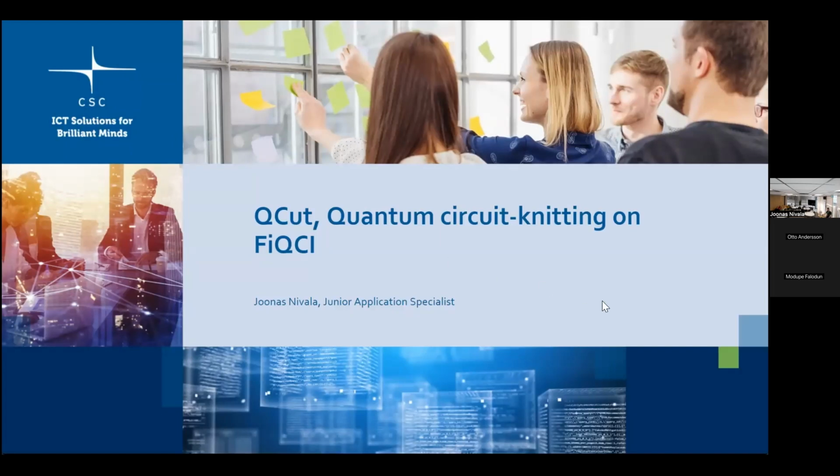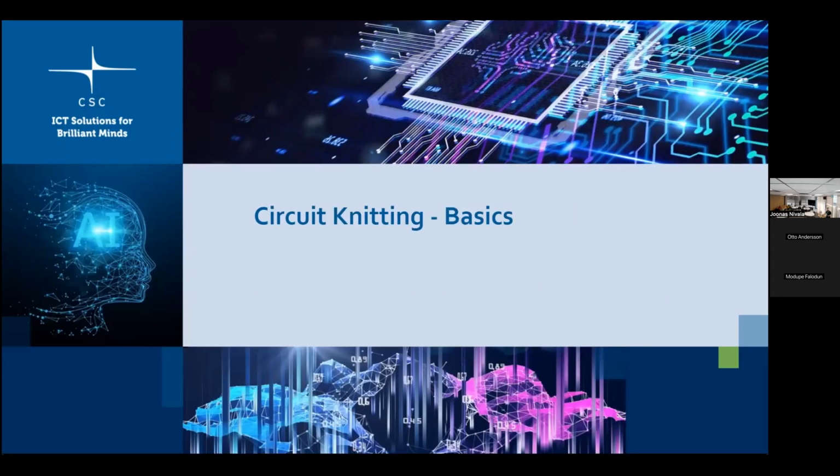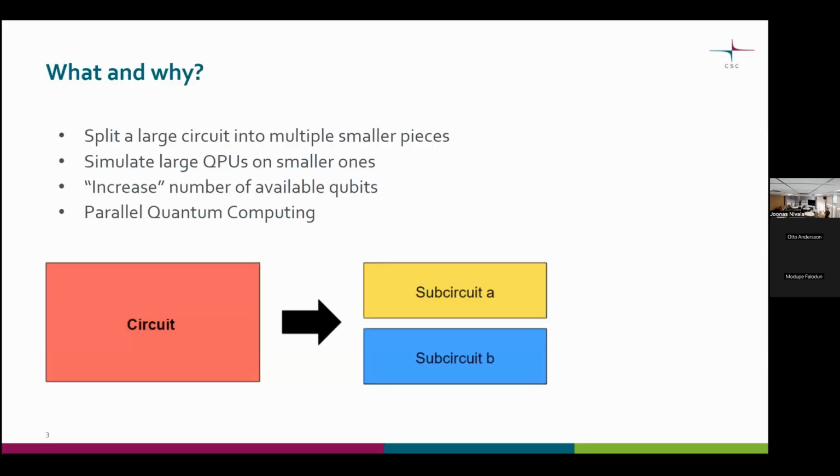Well, just to get started, let's talk about circuit knitting basics. So, what is circuit knitting and why would one want to do it? The basic idea is that you split a large quantum circuit into multiple smaller pieces. As you can see here, with this picture, you have a large circuit and then you split it into multiple smaller ones.